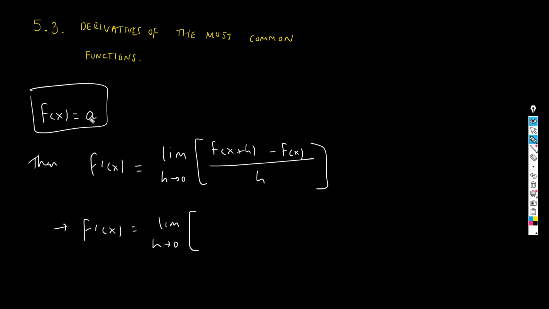The main characteristic of this function is that when you evaluate it at any number, if I consider this f of x equals a, then f evaluated at whatever number will always be a. f of 2 is going to be a. f of minus 1 will be a. f of 1/2 is always a. Okay, that's what it means. That's why it's called a constant function.